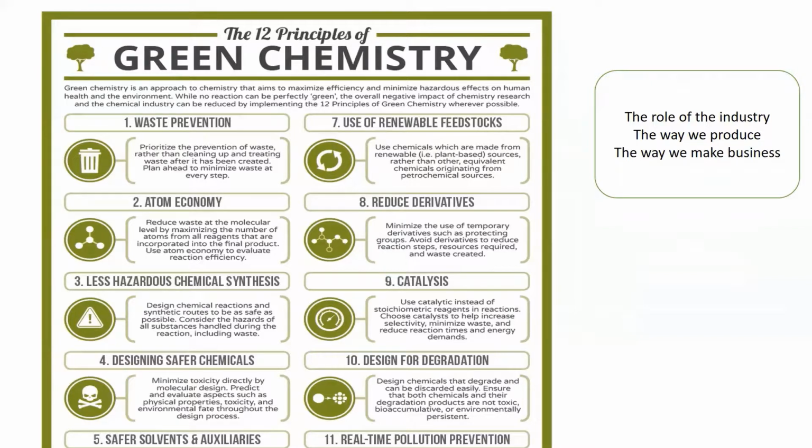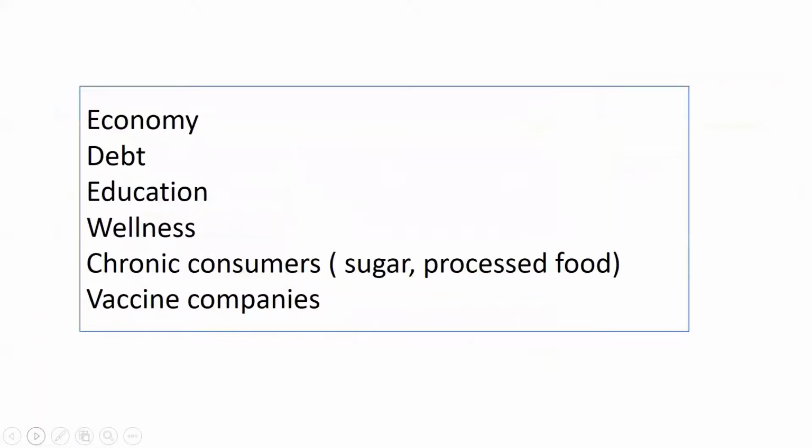Basically, if we're not using hazardous material, it's eco-friendly. Designing for safer chemicals, the same concept. Safer solvents, use of renewable feedstocks, reducing derivatives, which means the byproducts of a reaction. Using catalysts in order to save energy. Designing for degradation so that they're being reused again, and real-time pollution prevention, obviously.